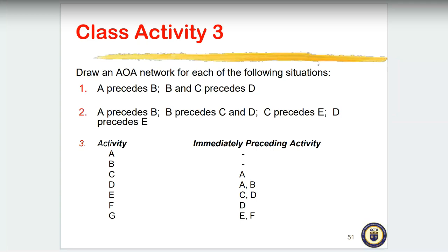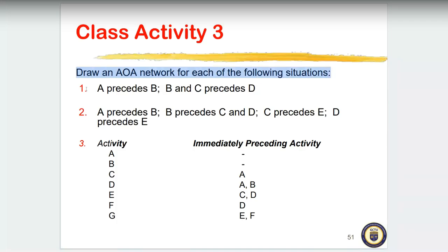Okay, since only two people dropped something, let's have a look at it. I think three questions. It says draw the arrow activity network for each of the following situations.